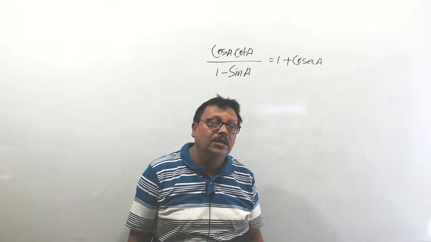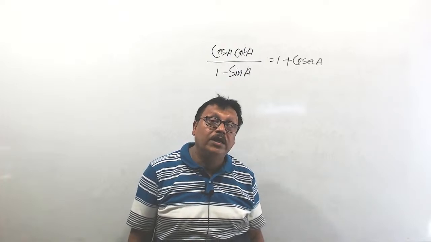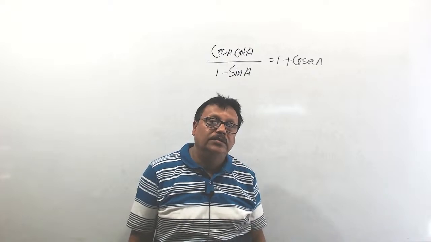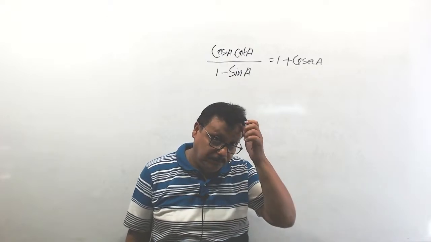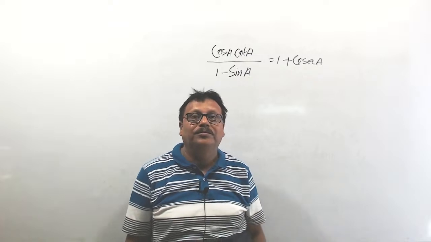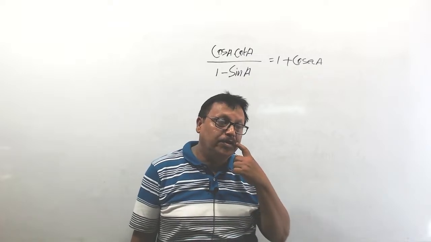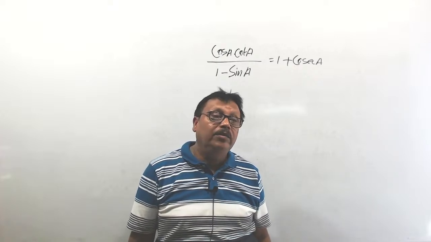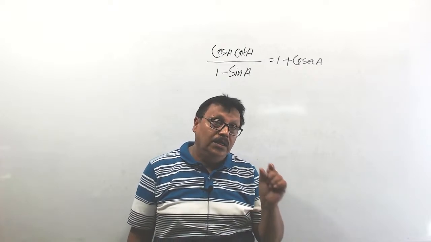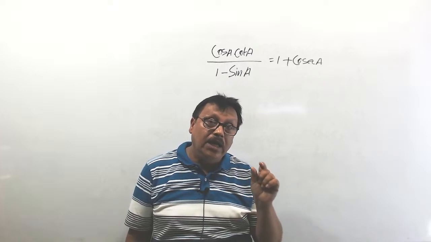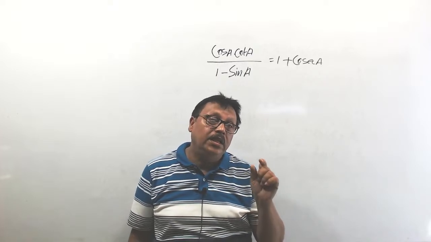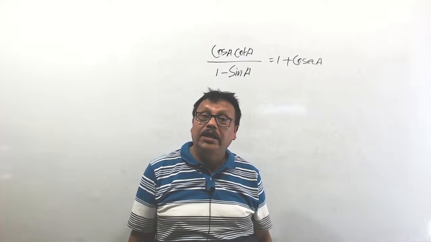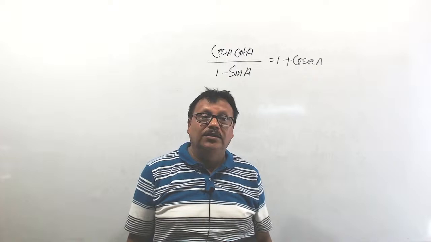Cos square 0 plus sin square 0 equals to 1. It lies between what? There is a property. Then you will understand in details when you will study the angle range. That is the angle range of theta. Okay.